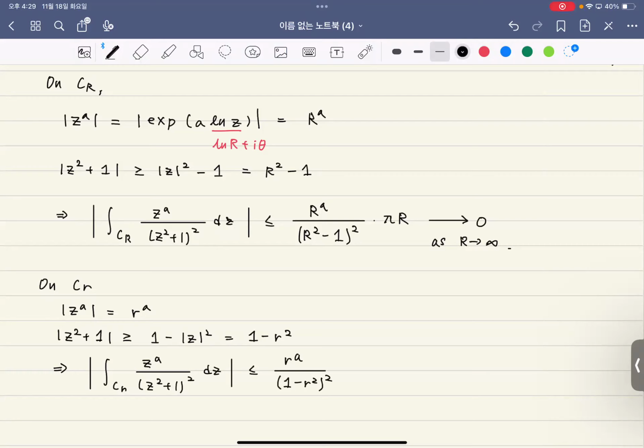This is clear, right? Sorry, I forgot to multiply by the length of the curve, which is pi times r. But anyway, this tends to 0 as r goes to 0.